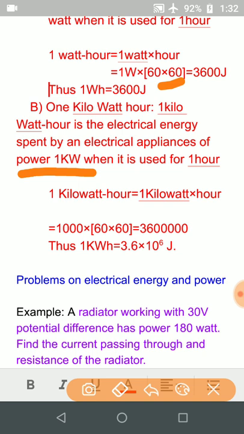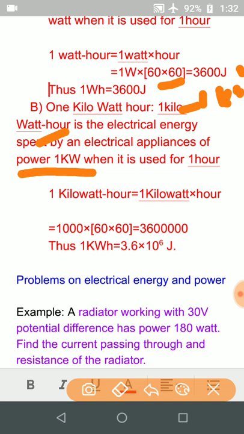That means if a home appliance consumed a power of 1 kilowatt in 1 hour, then it is said to be 1 kilowatt hour. 1 kW hour is called 1 kWh, 1 kilowatt hour.